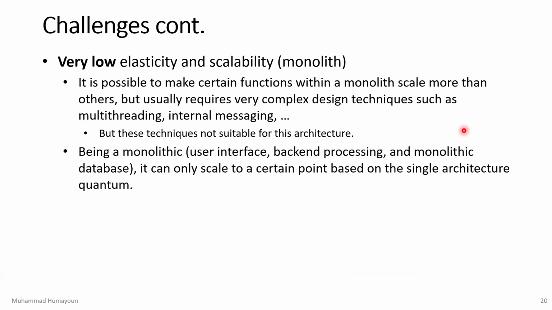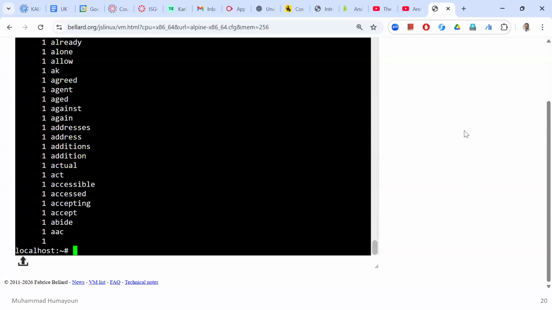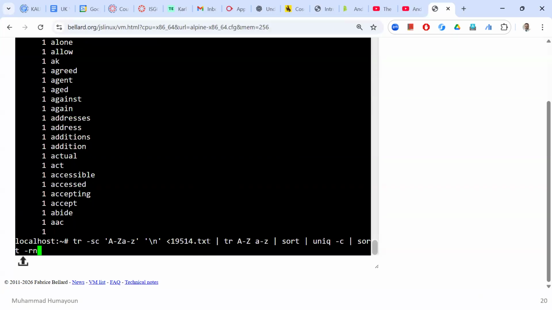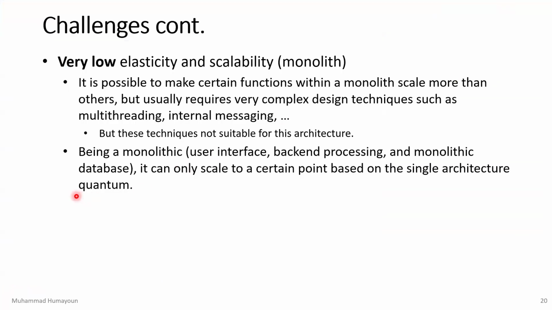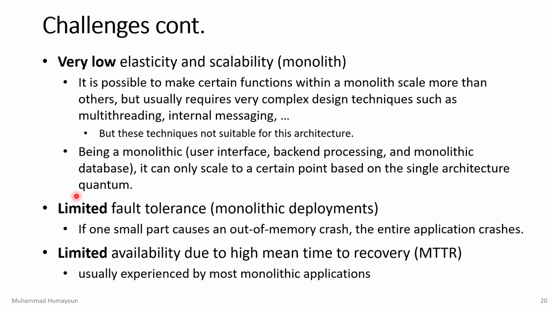And since everything depends on each other, this command takes data, and then this command depends on this one, and this command depends on this one, and this command depends on that one, everything will crash. So that is why there is a low score in elasticity and scalability. Limited fault tolerance: I just gave you one example, one memory crash in one place, and the rest of all the filters will collapse. Limited availability, why?